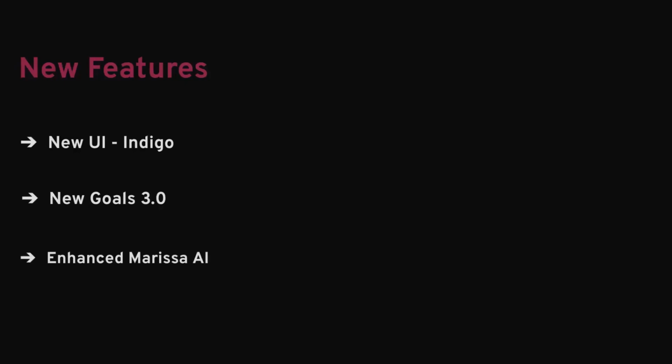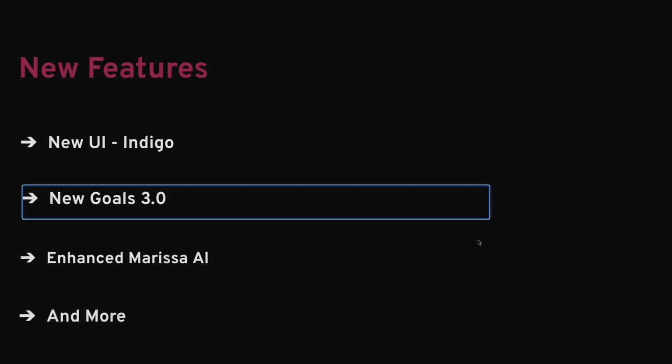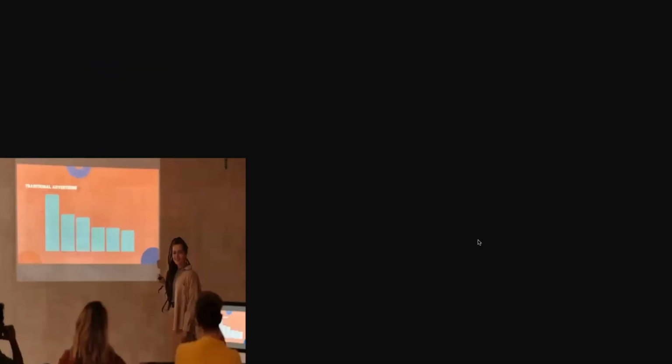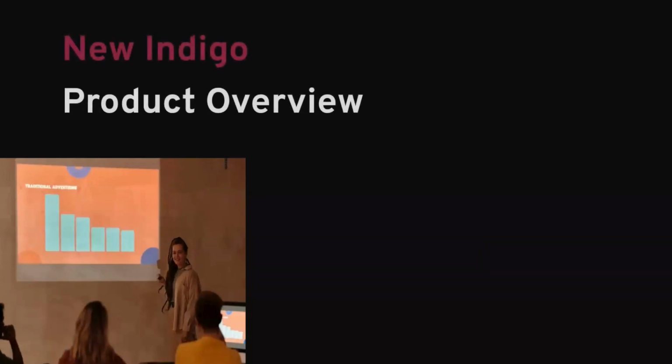Now it's going to act like an agent incorporated with all the modules, including performance, goals, learning, growth, whichever modules you're using. The AI is going to help you throughout your journey with the application, and more. Eventually, I will talk about how the AI is going to help you. Before that, I want to give you a quick overview of our application.